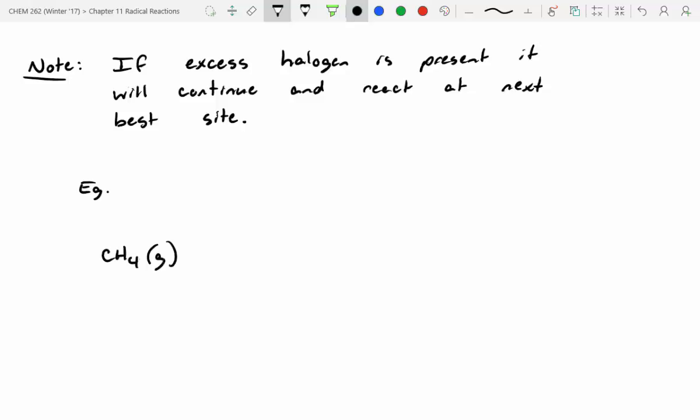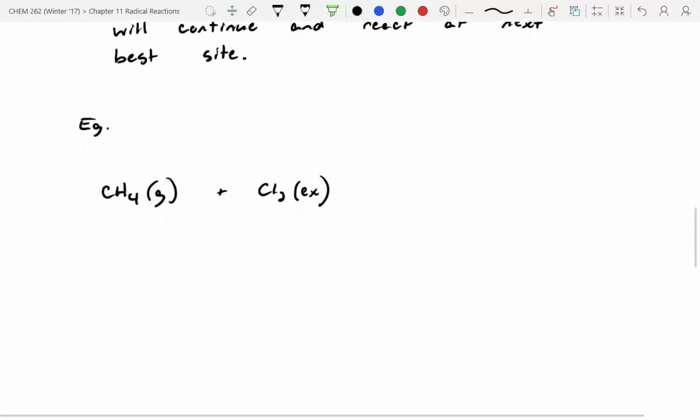In order to do this, they take chlorine gas in excess amounts and slam it together with methane under UV conditions, and we end up making CCl4, carbon tetrachloride. That was one of the solvents we used with our halogenation of alkynes.